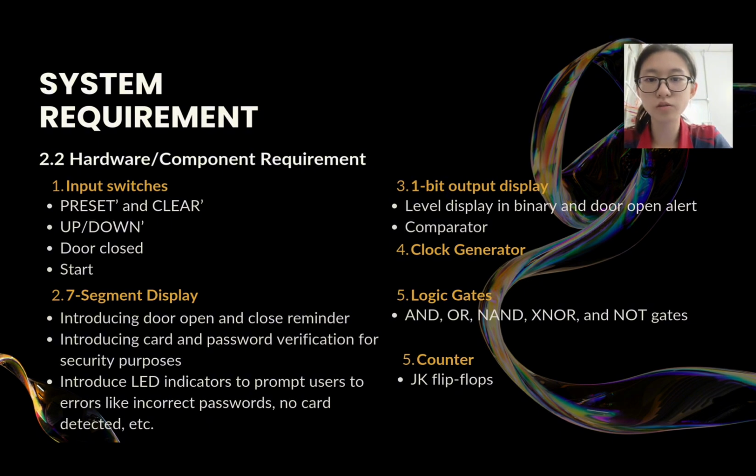A converter is used to compare the desired level with the current level. A clock generator provides timing signals for the circuit operation. Basic logic gates such as AND, OR, NAND, XNOR, and NOT gates are used to build the control logic. Finally, a counter made out of 3 JK flip-flops is used to control and store the lift level.